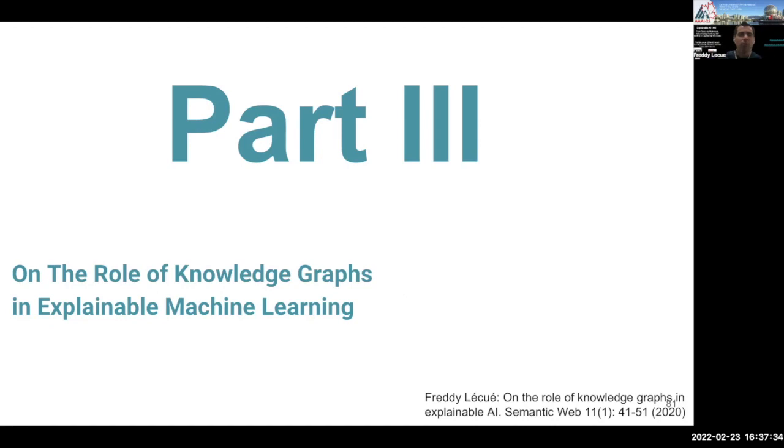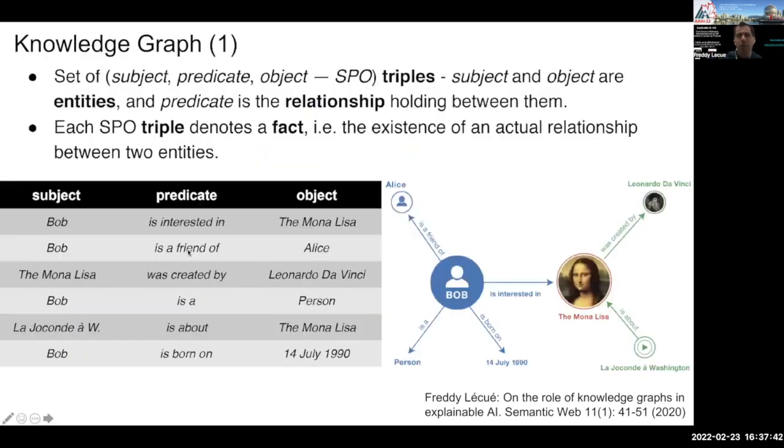How can you use structured information in a way that helps you structure the discourse of your explanation? I have a few examples. Before I move to go a bit deeper into the approach, just a few elements, because I'm advocating for a knowledge graph to be used in the context of explainable machine learning.